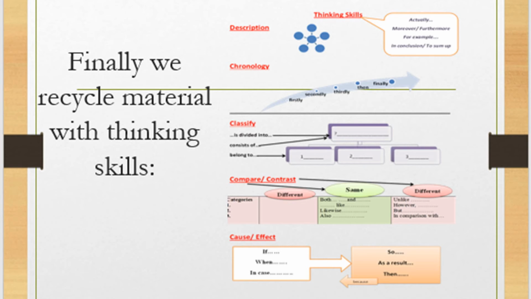So the thinking skills that we practice from the very beginning are description. We describe things with the help of the order of adjectives. We will be talking about chronology when we start using past tenses. We can classify, for example, what this clothing item belongs to, nightwear or homewear or outerwear. We can compare and contrast. And finally, we can talk about cause and effect, starting with the very simple ideas.